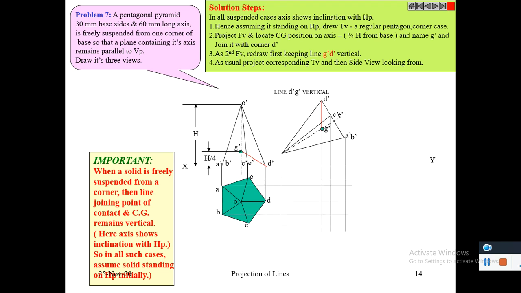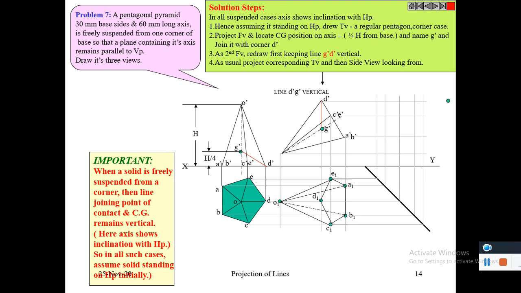We can draw the top view by combining these two figures. View from this direction is drawn here.